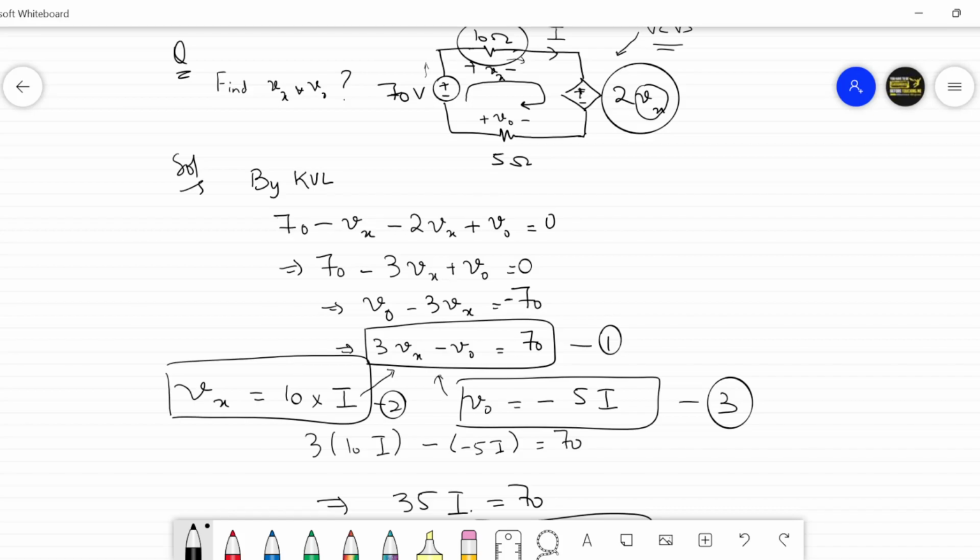Equation number first, 3Vx minus V naught is equal to 70. हाँ तो वो स्टार्टिंग में 70 माइनस Vx माइनस 2Vx क्या लिखा है? 70 माइनस, सही है सही है.